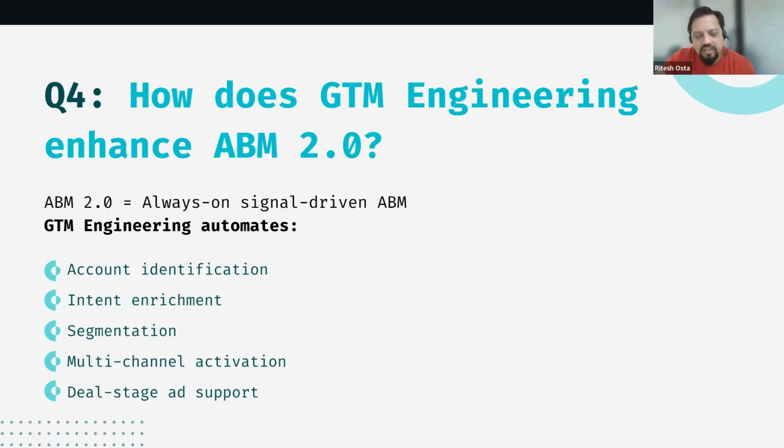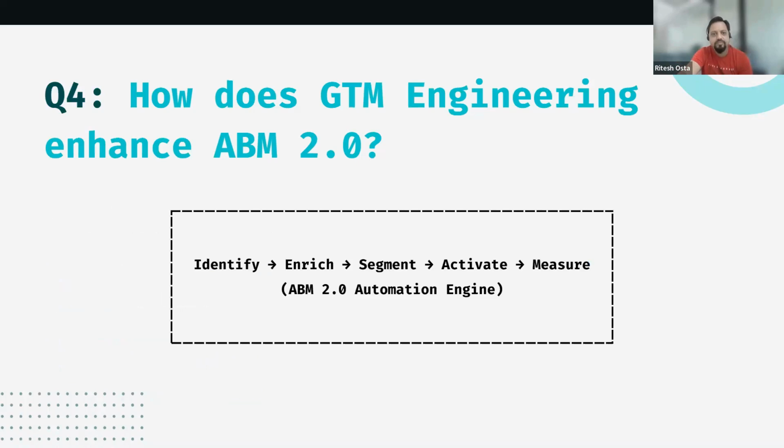We are also learning this whole process, working with different customers, so we'll keep creating content on these topics. The first step is not to just build a list. The first step is to identify the accounts, identify the signals, then enrich, then segment, then activate, then measure. That's what ABM 2.0 is, and that's how it is different from ABM 1.0.